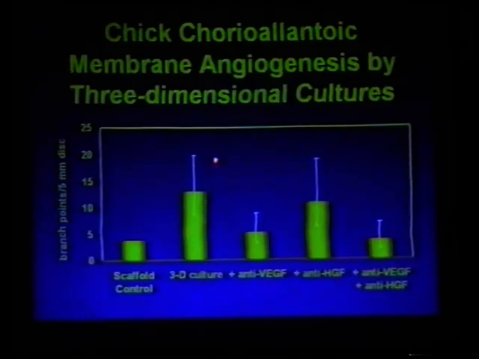This is dermograft, and we were able to block that largely with anti-VEGF, to some extent with anti-HGF, but a great deal of the angiogenic activity in this particular assay is due to VEGF.